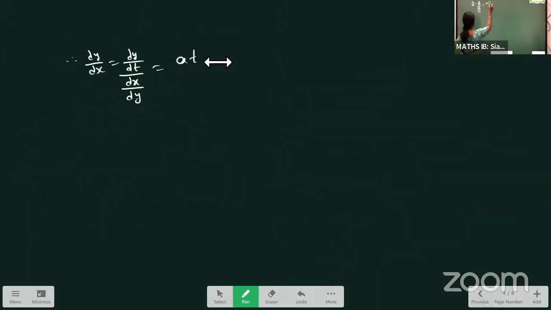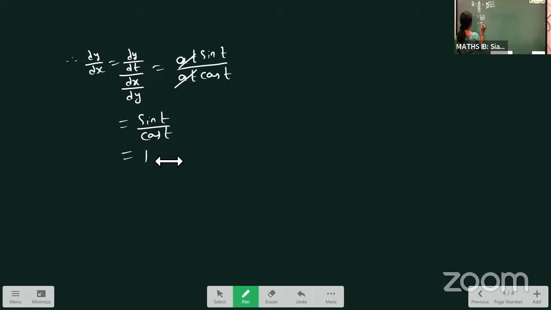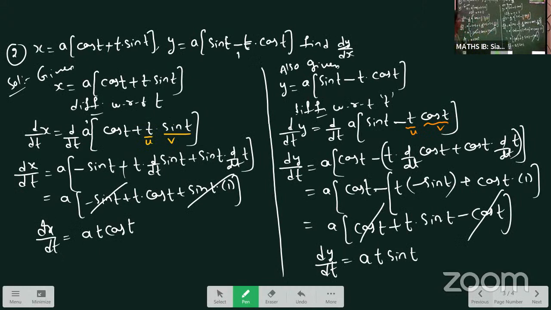So a t sin t by a t cos t. The a t cancels, leaving sin t by cos t, which is tan t. Therefore, dy by dx is equal to tan t. So like this, we have to simplify such kinds of questions. Go through the question.